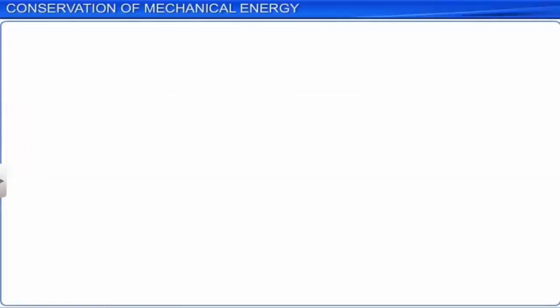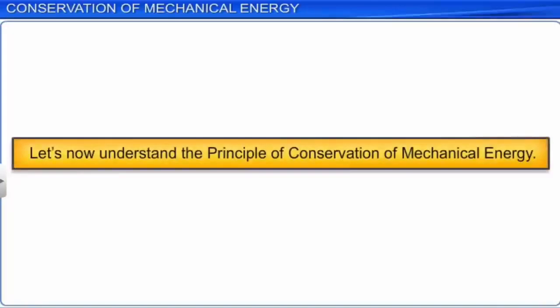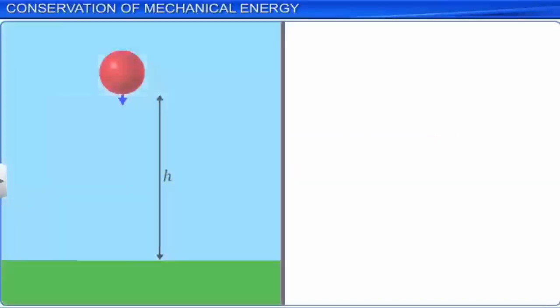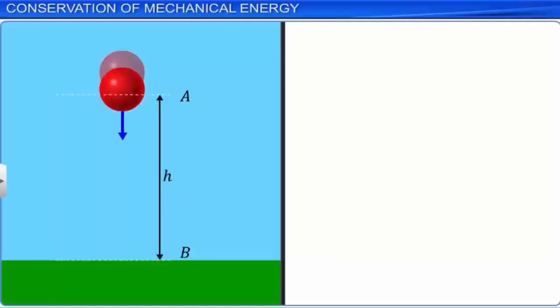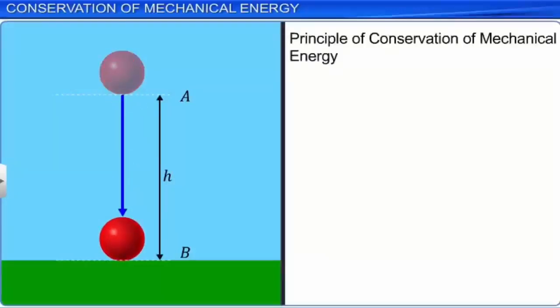Let's now understand the principle of conservation of mechanical energy. Consider any 2 points A and B in the path of a body falling freely from a certain height h. According to the principle of conservation of mechanical energy, for points A and B, the total mechanical energy is constant in the path travelled by a body under the action of a conservative force.